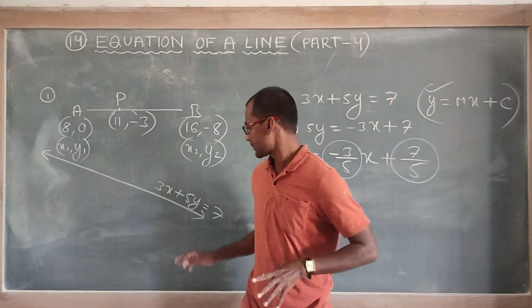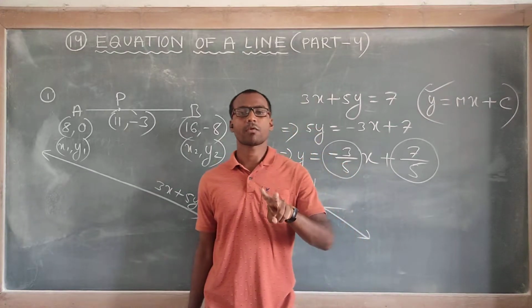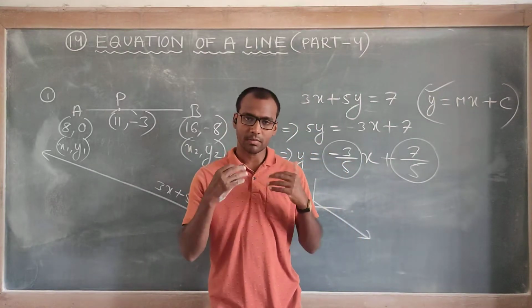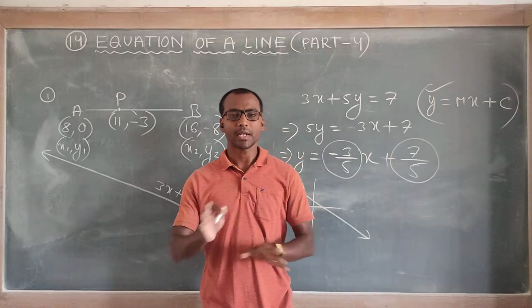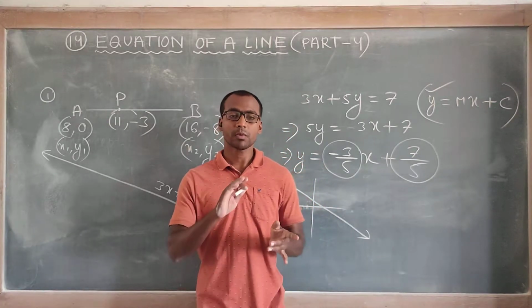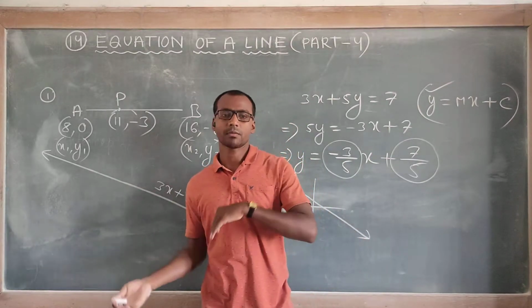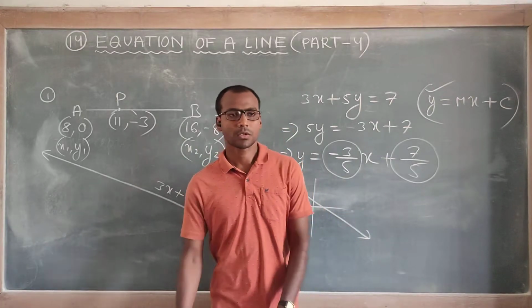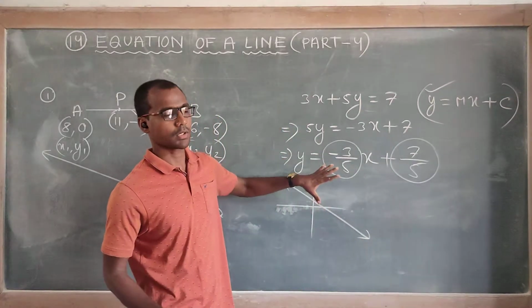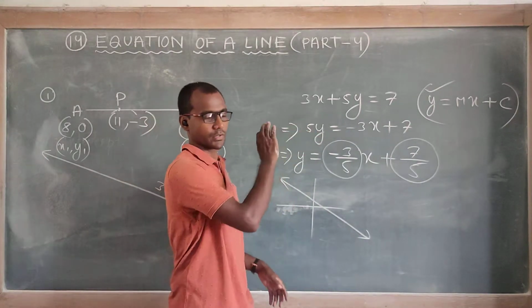Okay, so remember, if it is in the standard form and the coefficients of x and y have the same sign, means both are negative, or both are positive, then the slope will be negative. Okay, if they have opposite sign, x is positive, y is negative, or y is positive, x is negative, then the slope will be positive. Okay, so you don't need to convert to this. Just to find the slope, to show you I have done this, otherwise we don't need this one.